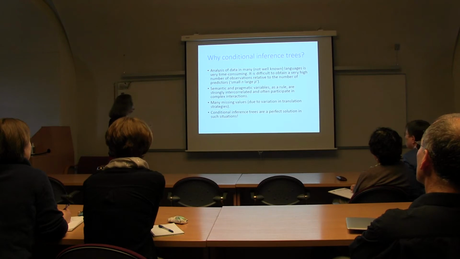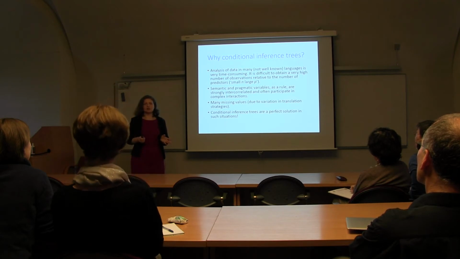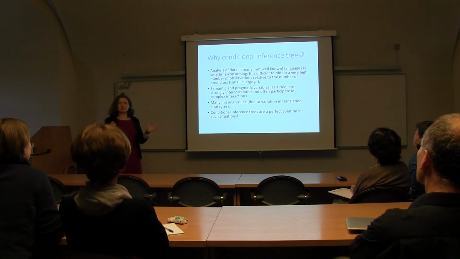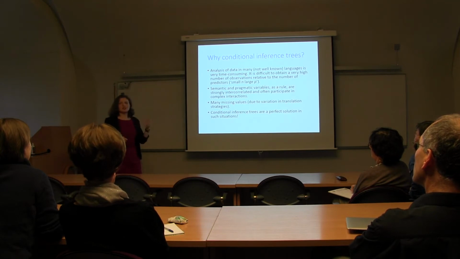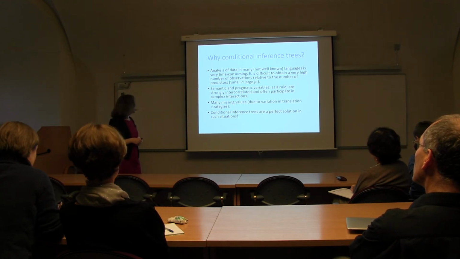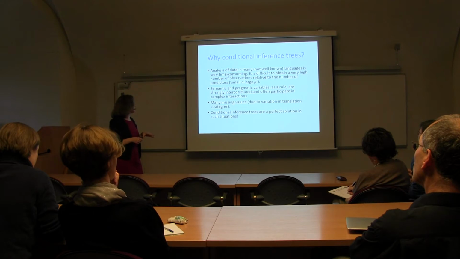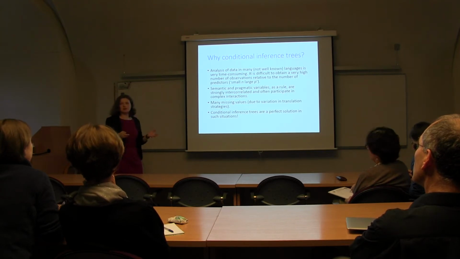There can also be many missing values in this kind of data, because there are so many different translation strategies that people can use, so much creativity, that sometimes you end up with very many missing values when you have a kind of periphrastic translation or just something omitted for the sake of economy, timing, and so on. That's why conditional inference trees are a perfect solution in such situations, because they can deal with all these problems. I think that's really a good solution for this kind of data.